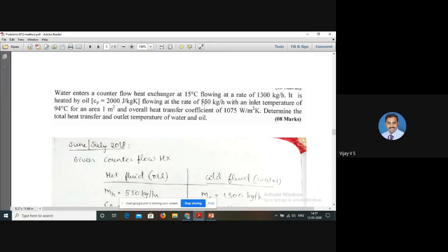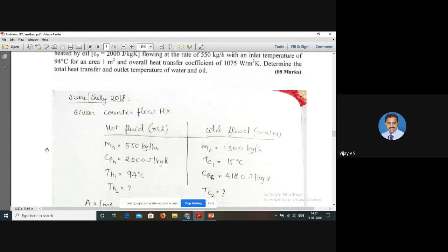Water is entering at 15 degrees centigrade with the mass flow rate 1300. Now this water is heated by oil flowing at 550 kg per hour and inlet temperature 94. So if you see the data here, the hot fluid is oil and the cold fluid is water.